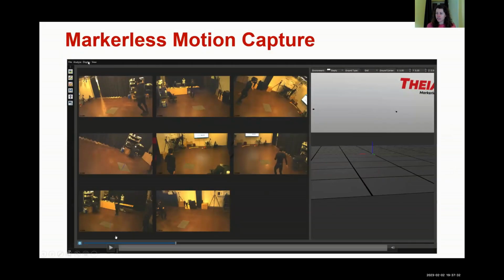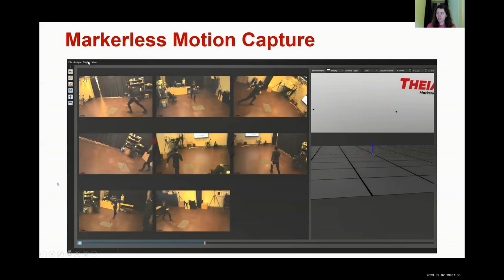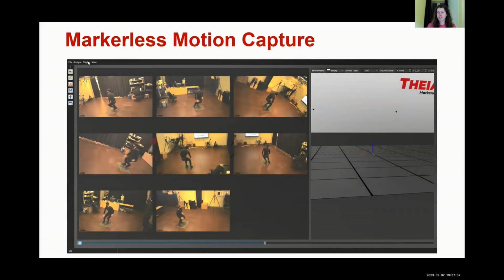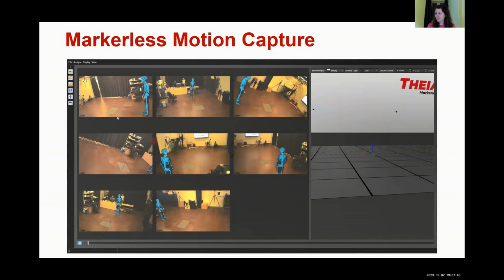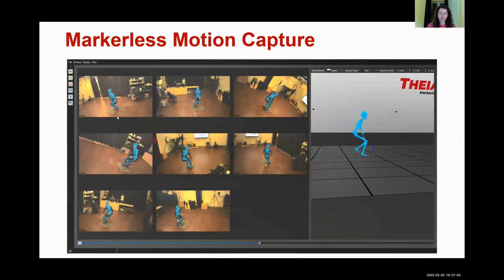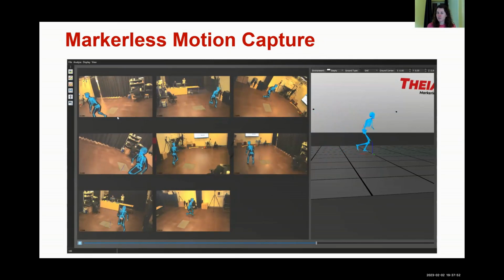And now we're starting to get into a bit more of markerless motion capture. So with the optical marker-based motion capture, we have to spend a lot of time putting the little markers all over a person. But now we have a markerless system too, where the person can just be wearing anything. They don't need any markers or anything like that.